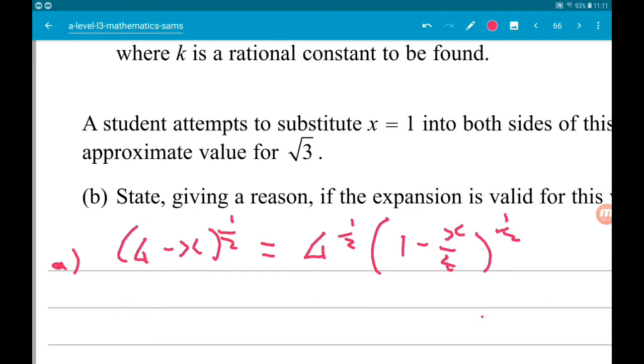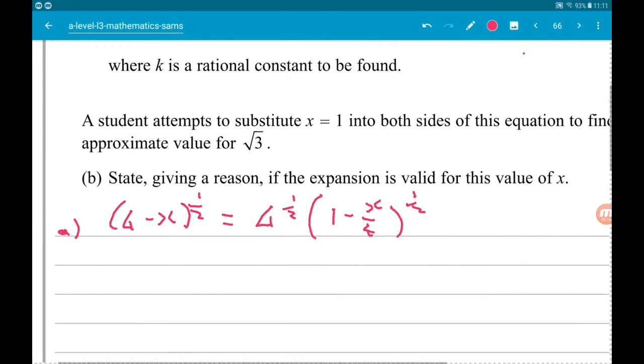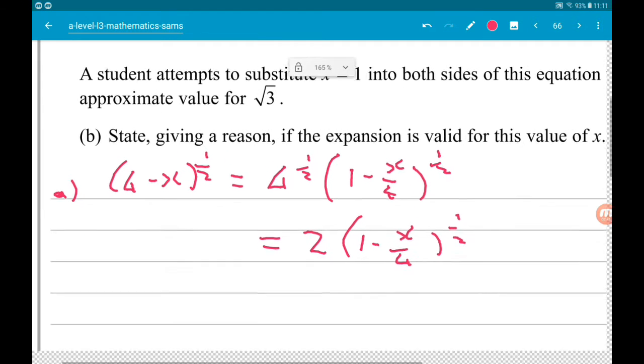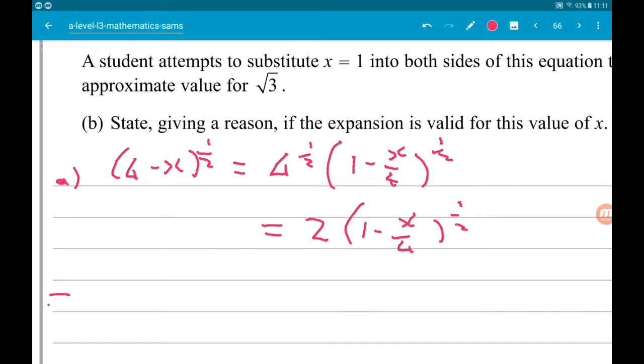Now, 4 to the power of 1/2 is 2. So, we are going to have 2 lots of the expansion of 1 minus x over 4 to the power of 1/2. Okay, so we're going to keep our 2 on the outside.